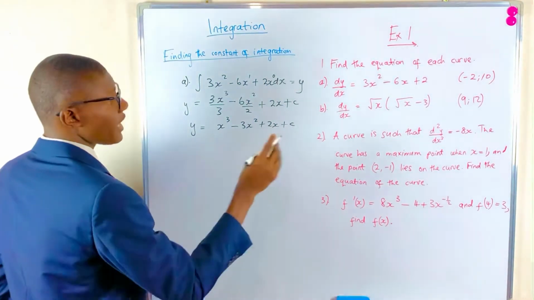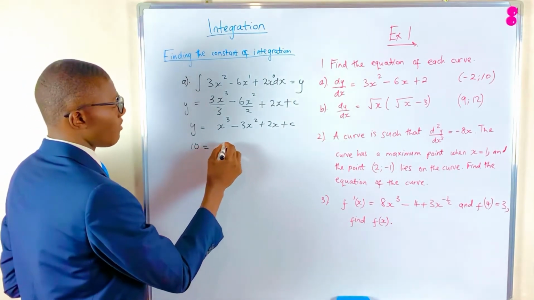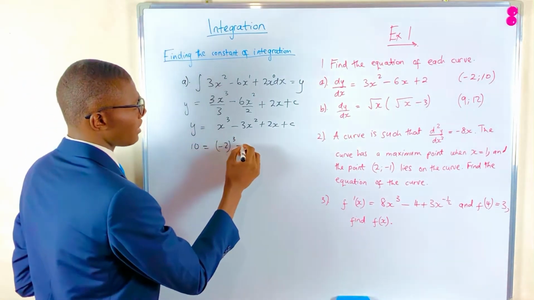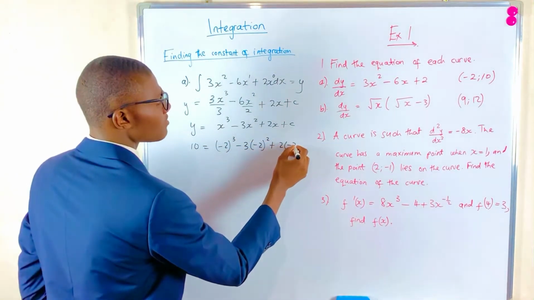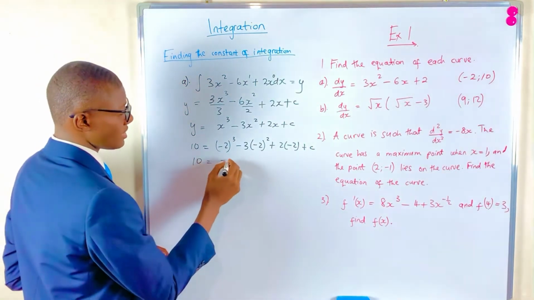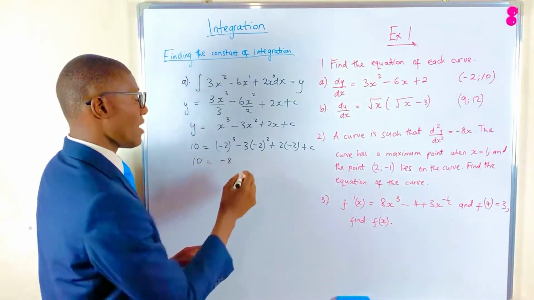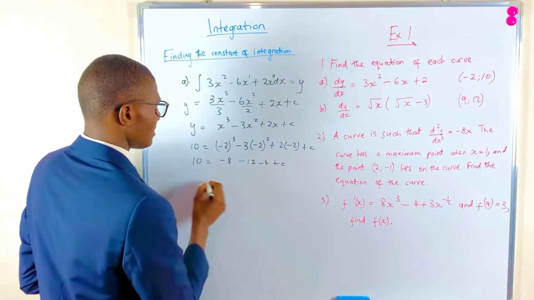So we shall say y is 10. 10 is equal to (-2) raised to the power of 3 minus 3 times (-2) squared, then plus 2 times (-2), then plus c, such that 10 is equal to -8, and then -12, -4, plus c.